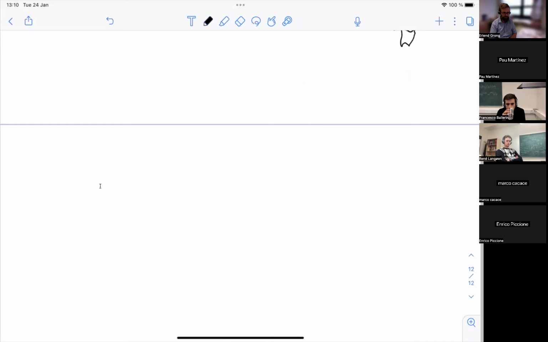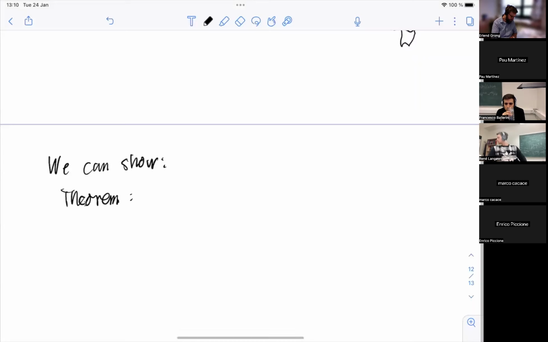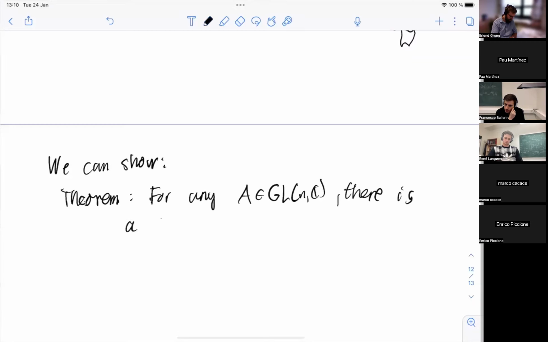And then you can show, that's the last thing I'm going to show, a theorem: for any a in the complex numbers, there is an x in the matrices such that a is the image of this exponential.